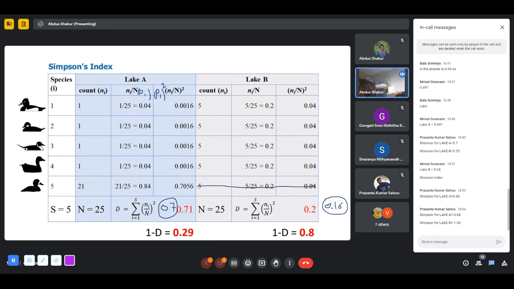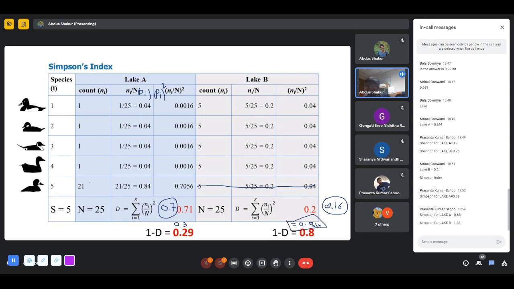So for you to interpret it better, we can subtract the D value you got from 1, so that the final value here is 0.3. And then what you get here is 0.84, right?